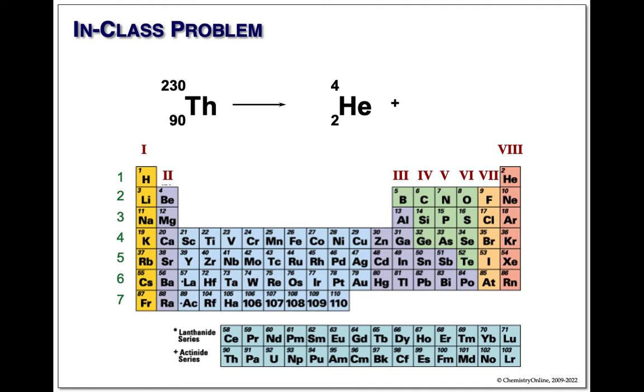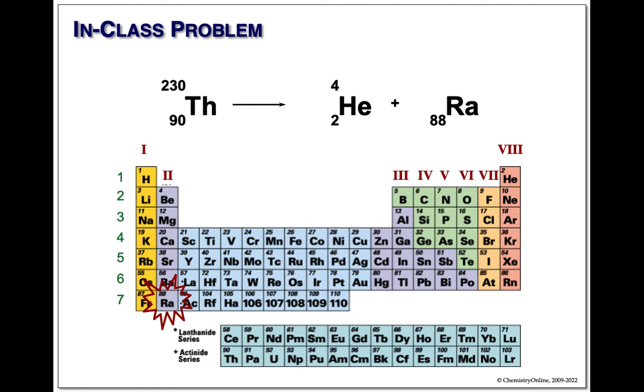If our atomic number drops by 2, that gives our new one 88. Again, we look at our periodic table and we see who is 88. Oh, over here, radium. So we put the symbol in, Ra.